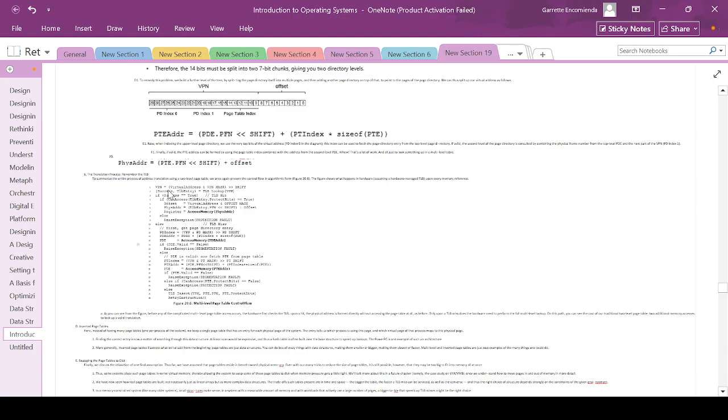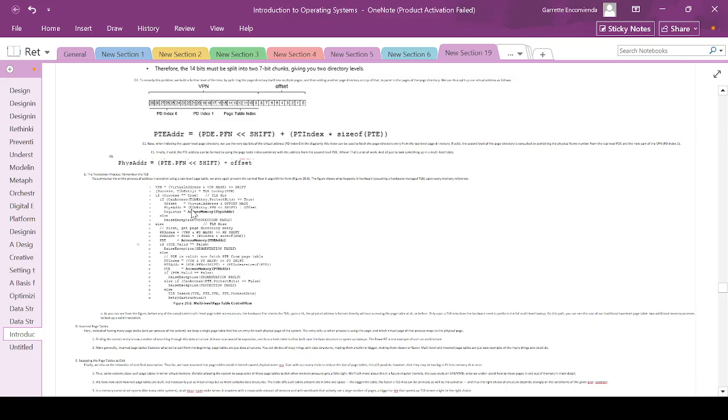So line 1: VPN equals (virtual address & VPN_MASK) >> SHIFT. Then line 2: success, TLB entry equals TLB lookup of VPN. If success equals true, TLB hit. If CanAccess(TLB entry.protection bits) equals true, offset equals virtual address & OFFSET_MASK.